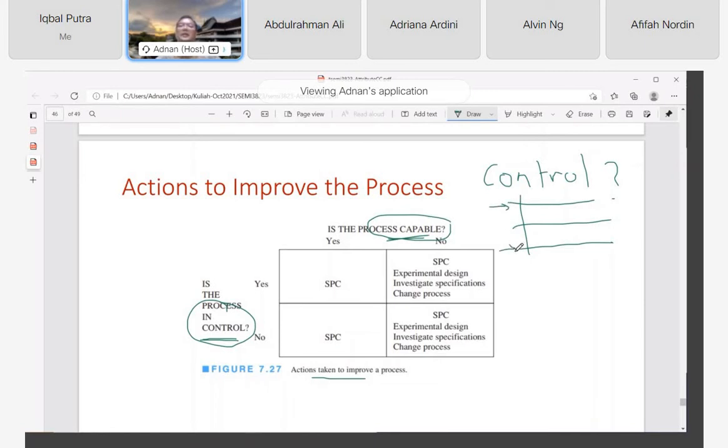But in more advanced application, we also look at the patterns of the points that we are plotting. The point may be inside the control limit, but the pattern is not normal. So that also indicates the process having a problem. Another way to look at it is, is it capable or not?